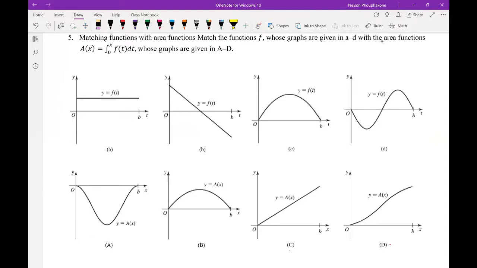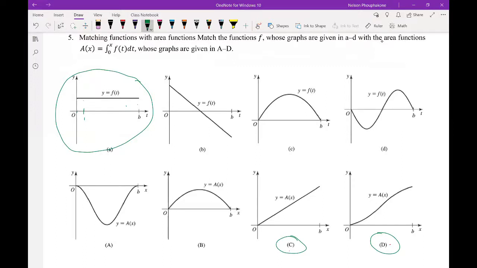Now let's try this. For this one, at x equal to 0 the area is 0, and then the area is increasing. So the possible answers are C and D. Which one should be correct?